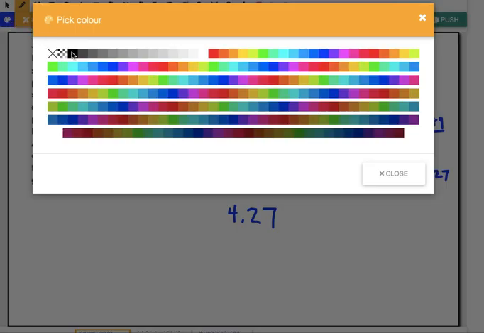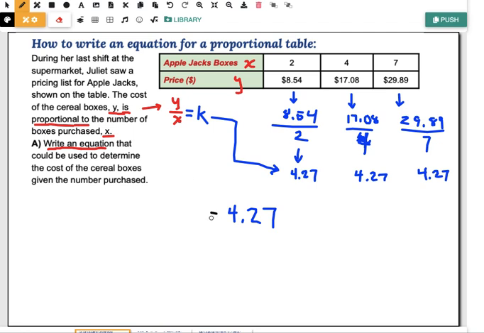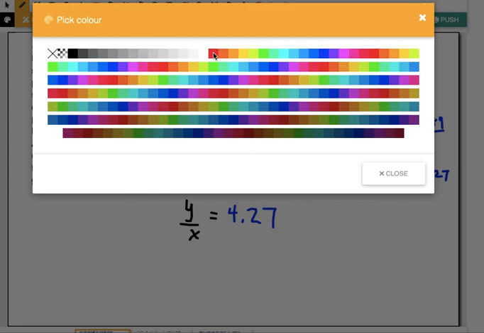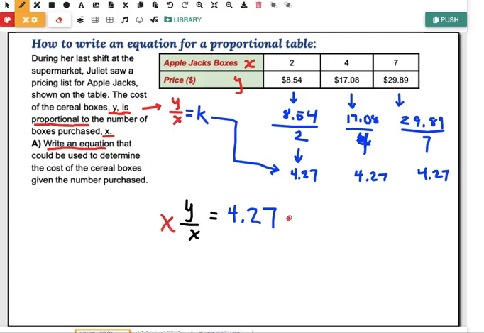What I want you to keep in mind is that this is supposed to be equal to Y over X. Given some mathematical properties, you can multiply both sides by X. You're going to have this over 1, and using the commutative property, you end up with Y over 1 times X over X, and X over X is 1, so you end up with 427X.